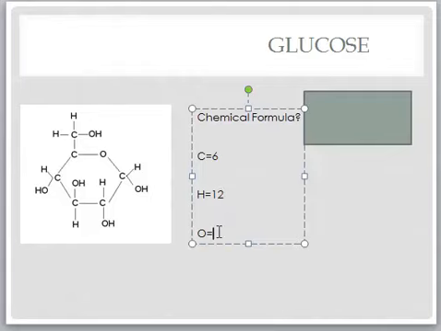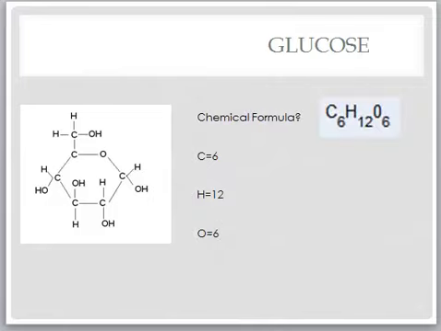And then how many oxygen atoms are there? 1, 2, 3, 4, 5, 6. 6 oxygen atoms. So we know we start with carbon, second is hydrogen, and we end with oxygen. So the chemical formula for glucose is C6H12O6. Based on that structural formula, we were able to get the chemical formula.